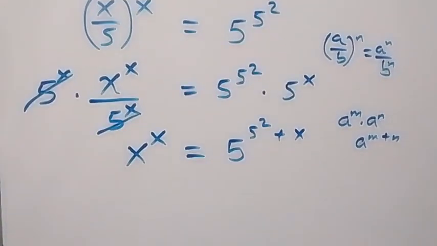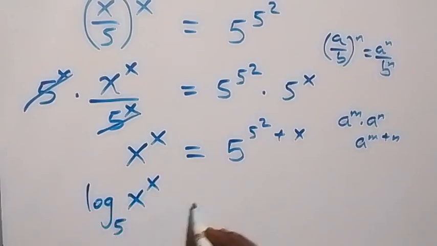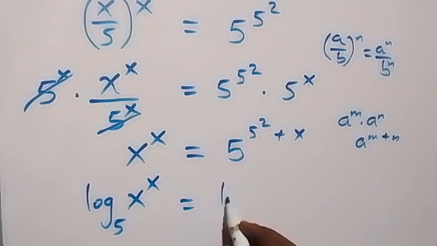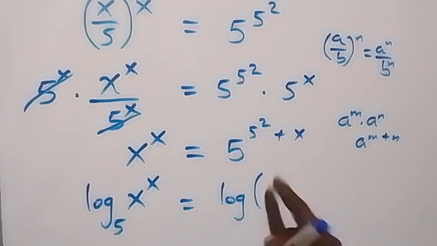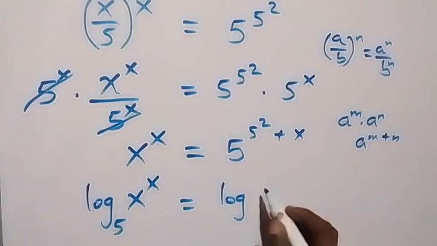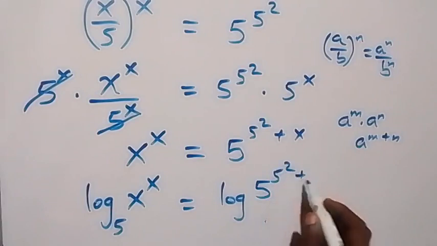Then next step, let's take the log to base 5 on both sides. So we have log x^x to base 5 equals log of 5^(5^2 + x) to base 5. Here we have the power x and the power 5 square plus x.